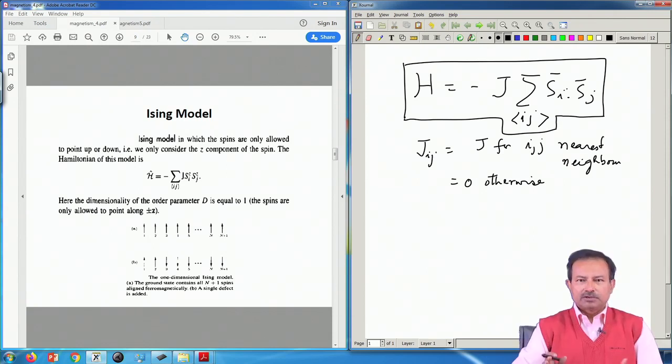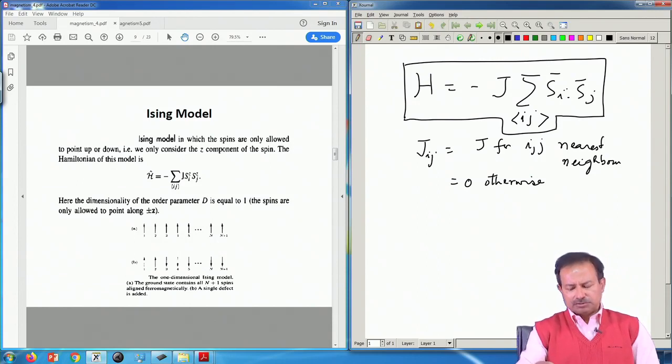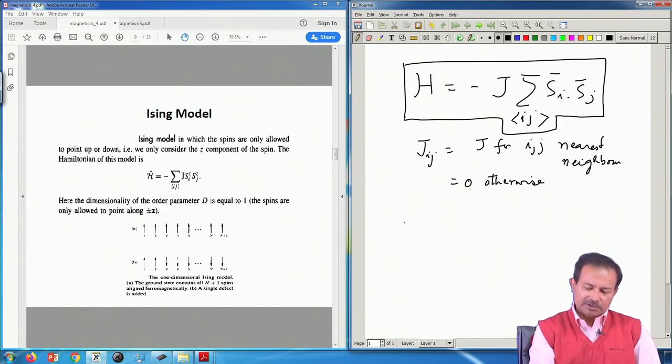In two dimension, you can have various kinds of lattice: square, then triangular, hexagon, and so on, honeycomb. Then on that lattice, the spins are sitting, they are residing, and spins are not moving, they are just localized at every site. The other thing that I mentioned is that the spins can have all three components, S_i^x, S_i^y, S_i^z.